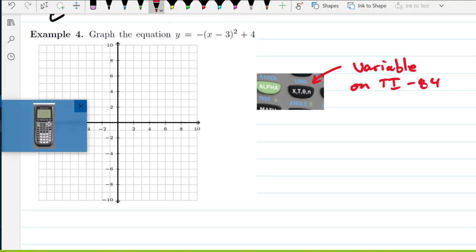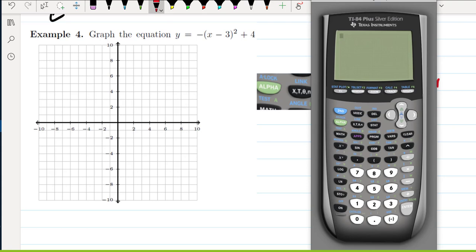And if we want to construct a graph, we're going to press our y equals button right here. So we press y equals, and it gives us a menu that looks like this. So if we want to graph y equals, it already has the y inserted for us in the equals, so we're going to start typing. The next thing we have to be careful with is our TI calculator doesn't understand the difference between a negative and subtraction.